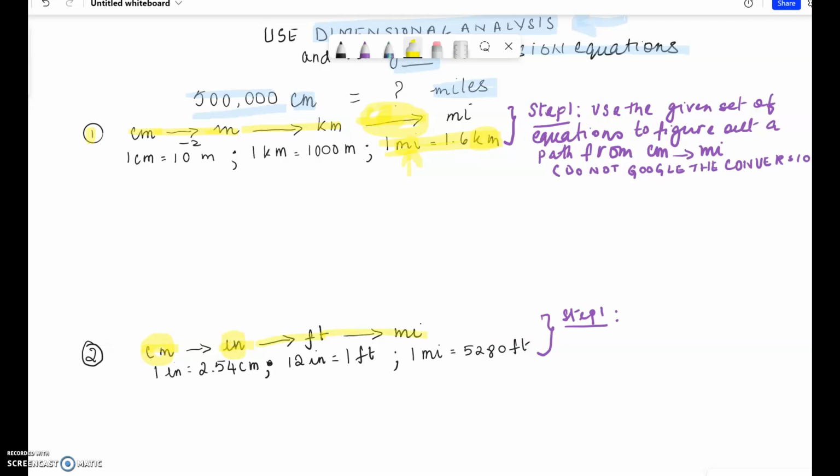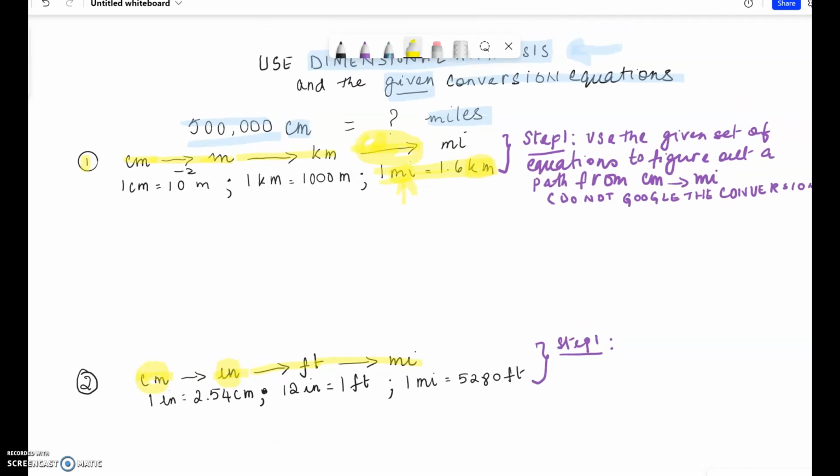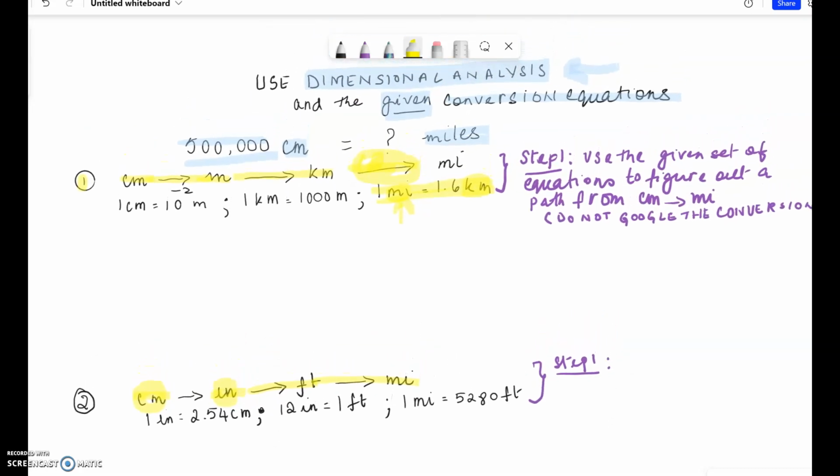So this is the most important part of dimensional analysis. Using the given set of equations, not just finding the equations by Googling it, but you have to use the given set of equations. That's the important part. That's when you see how dimensional analysis is applied.